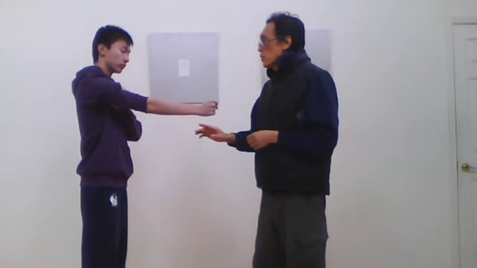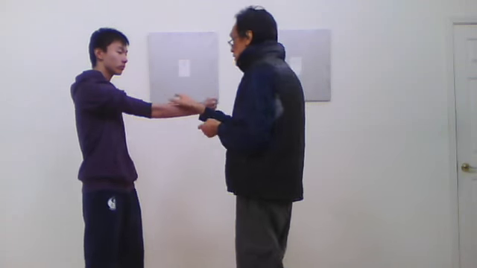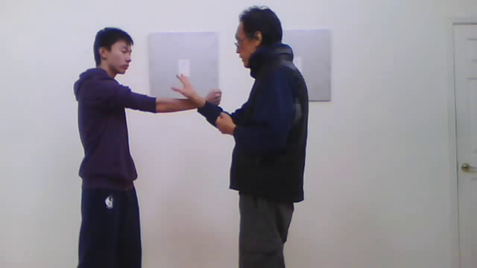Let me show you again what I mean by the application just now on the oiling. Just put your hand like this. The oiling sao, or the external Lin Sao, is this.